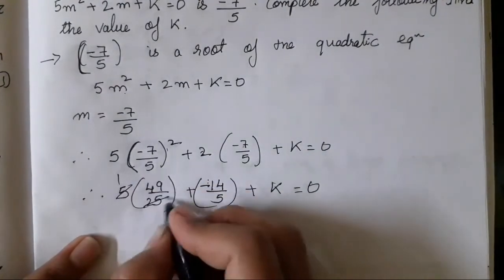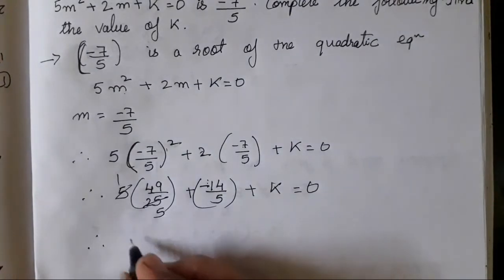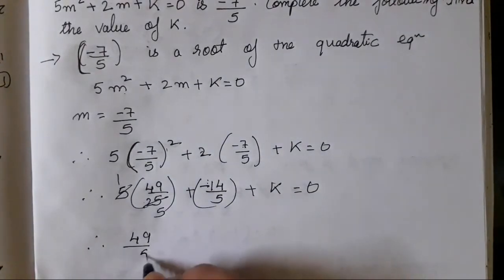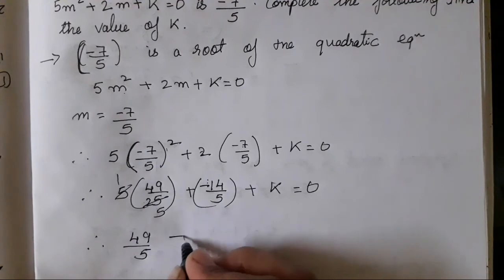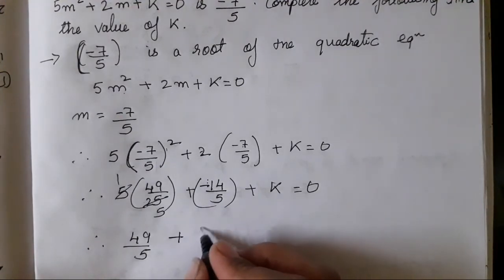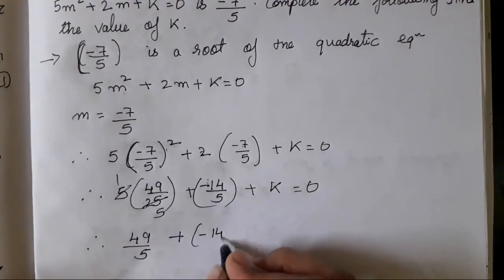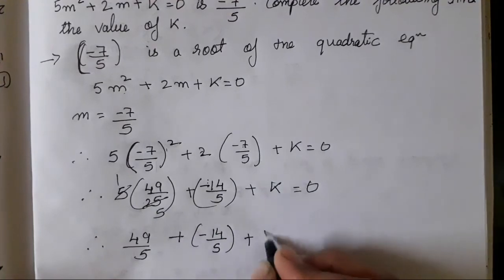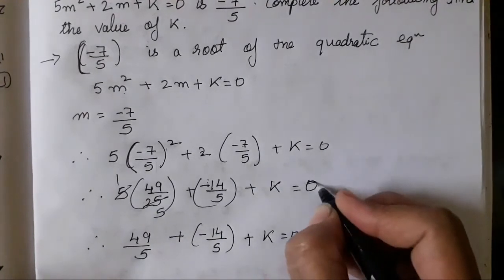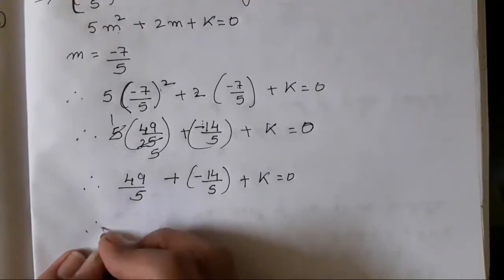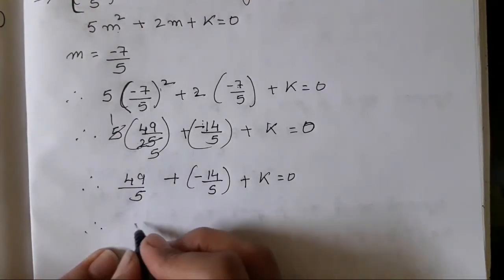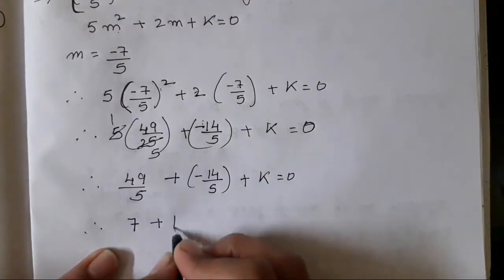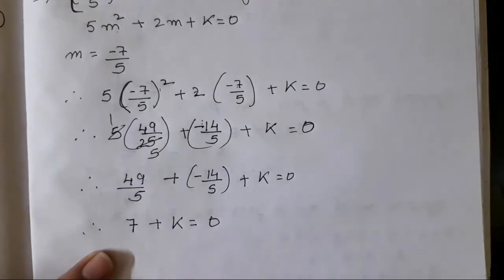Now 5 ones are 5, 5 fives are 25. Therefore 49 upon 5 plus minus 14 upon 5. We have to change the sign over here. Therefore 7 plus k is equal to 0.